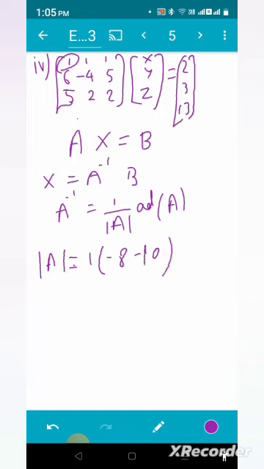Then similarly this having minus 1, so minus 1 into, the corresponding row and column get cancelled, the balance are evaluated: 6 into 2 minus 10, that is 12 minus 25.